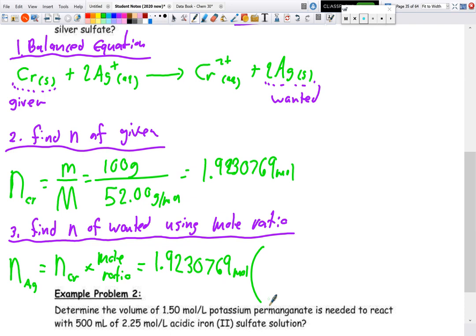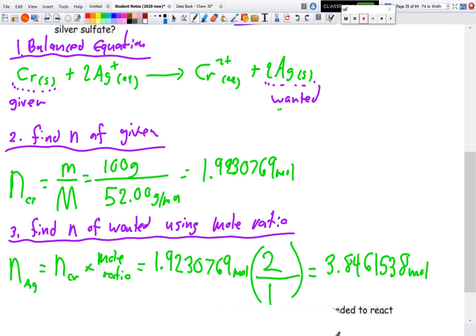Remember, the mole ratio is wanted over given. Silver, our wanted, has a coefficient of 2 on top, and our given, chromium, has a coefficient of 1. When we do this calculation, we get 3.8461538 moles. I'm keeping a lot of digits as I go along. You don't need to keep that many if you don't want to. This is just so I make sure I have enough when I'm going through the rest.